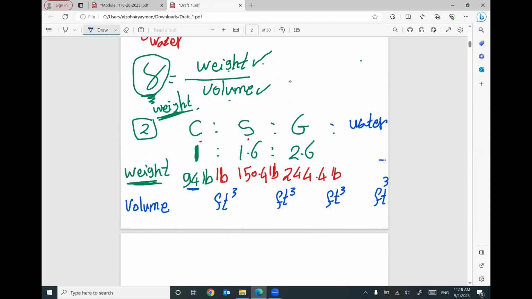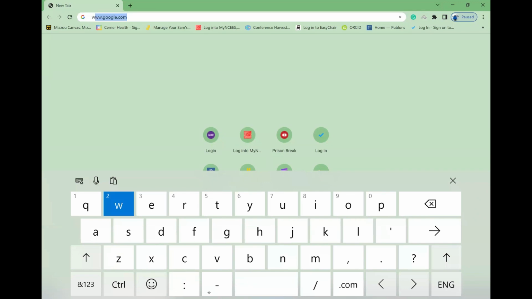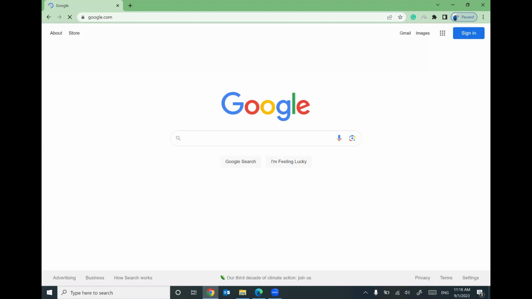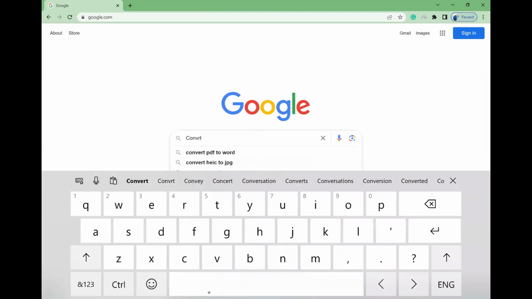Actually, I cannot remember, but let me open Google and ask Google to convert gallon to pound.